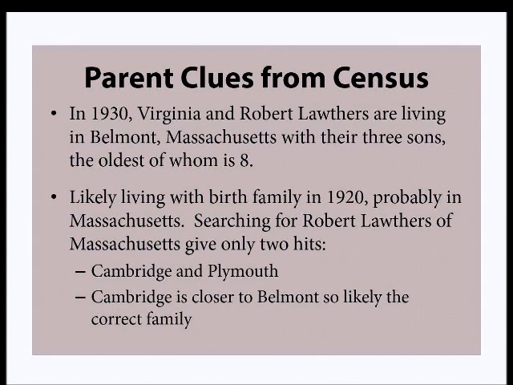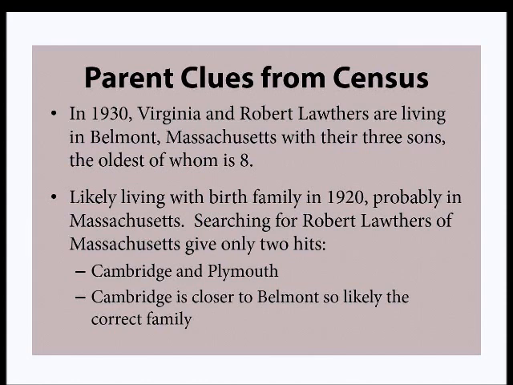Now, if you are looking for the parents of an ancestor who was born after 1840, you might just find clues in the U.S. federal census. So in 1930, Virginia and Robert Lawthers are living in Belmont, Massachusetts with their 3 sons, the oldest of whom is 8.